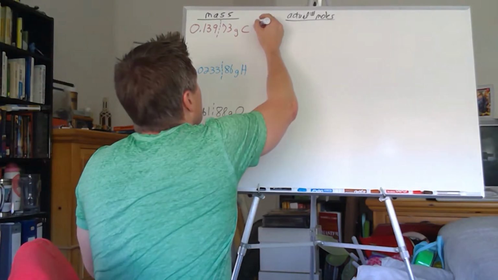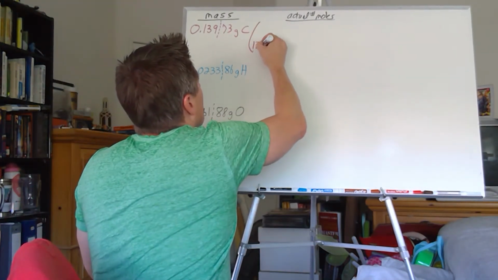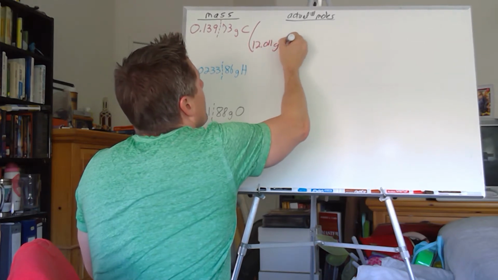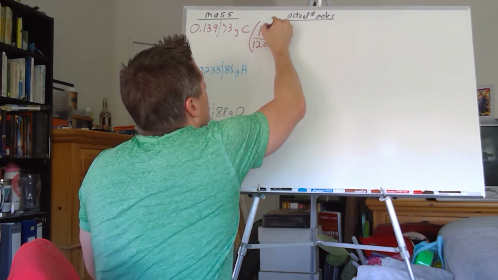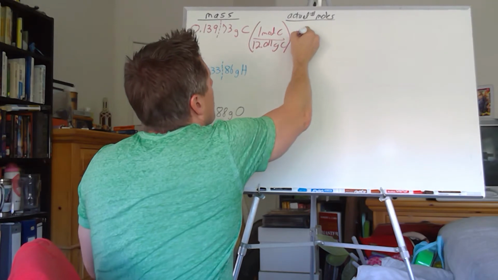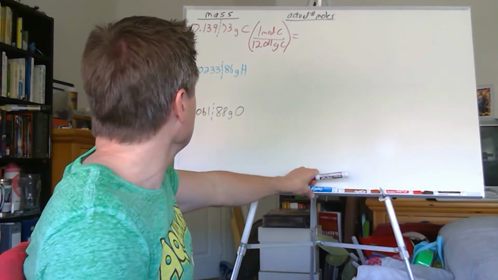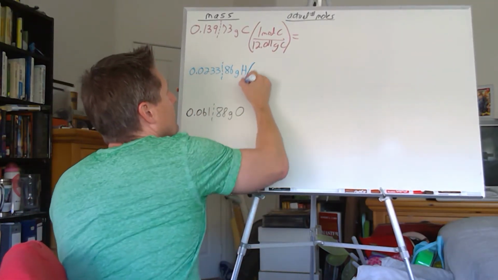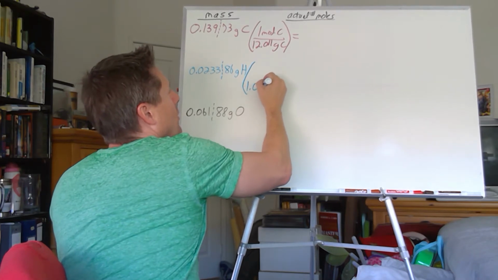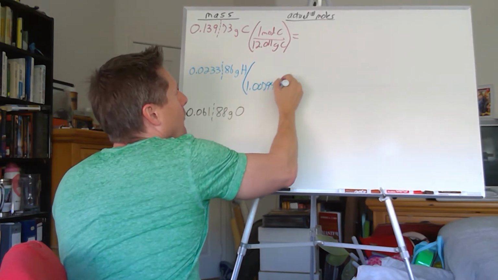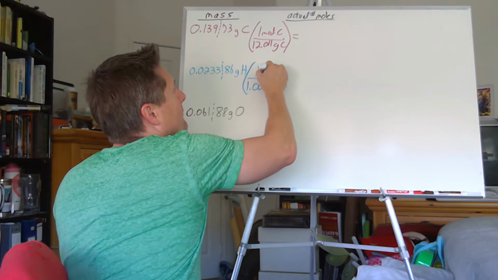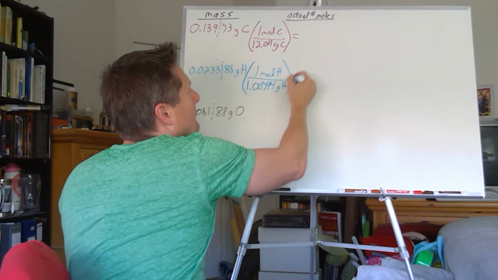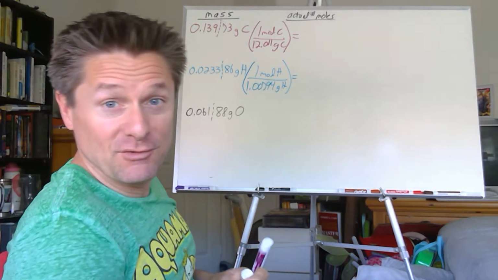Carbon is 12.011 grams per mole. Hydrogen is 1.00794 grams per mole. Got those memorized yet?